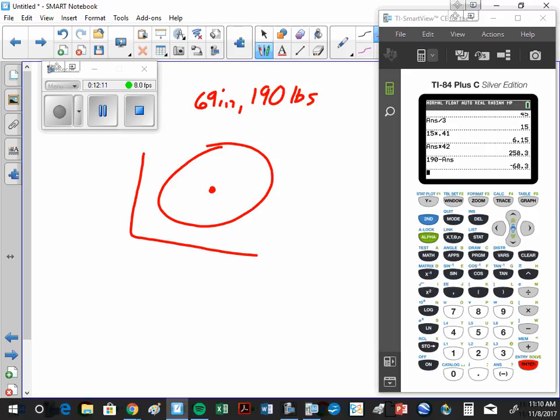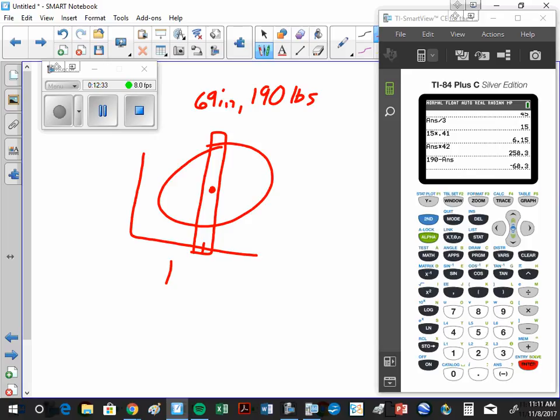That's the average of everybody. If I just took this group of men, would the average of those men be close to 190? What do you think?